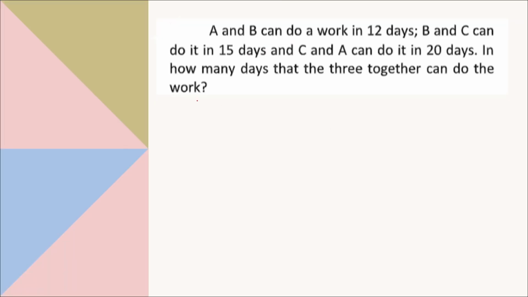So first what we will do, individually we will find. Suppose I am taking first A and B, they are working together. Then how much work are they doing in one day? One day's work will be 1 upon 12.